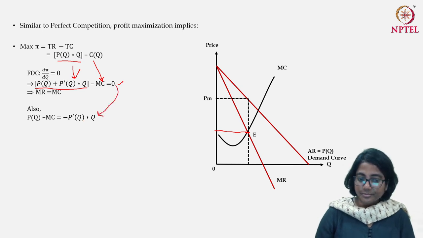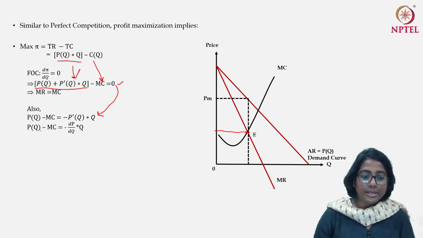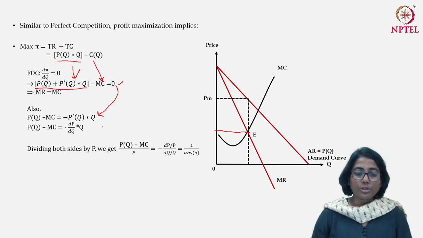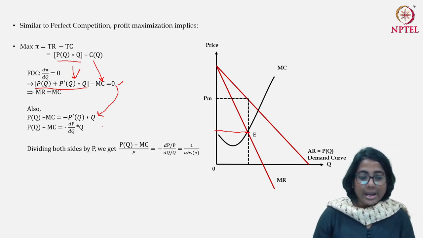If I write it in this way, then I can also write P(Q) minus MC is equal to minus, instead of writing P'(Q), I am just writing dP/dQ, multiplied by Q. Now let us divide both the sides by P. If I divide both the sides by P, the left hand side becomes (P(Q) minus MC) divided by P. The right hand side will then become minus (dP/P) divided by (dQ/Q).